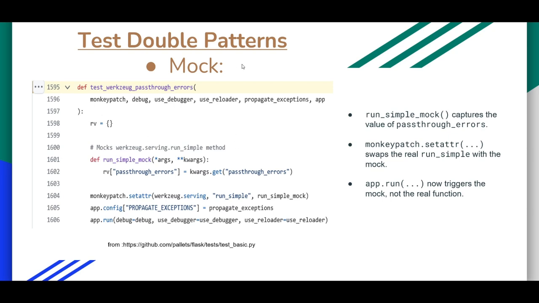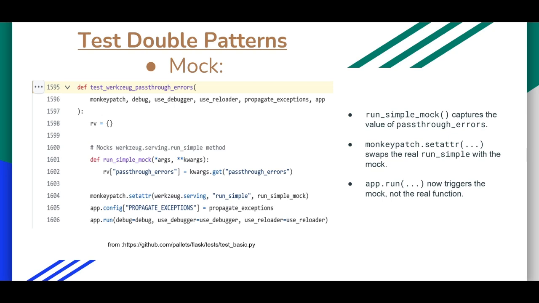It doesn't run a server; it just checks what value was passed into passthrough_errors and stores it. The monkeypatch.setattr replaces the real Werkzeug serving.run_simple with our mock, and app.run runs the app, but behind the scenes it's calling the mock, not the real server function.